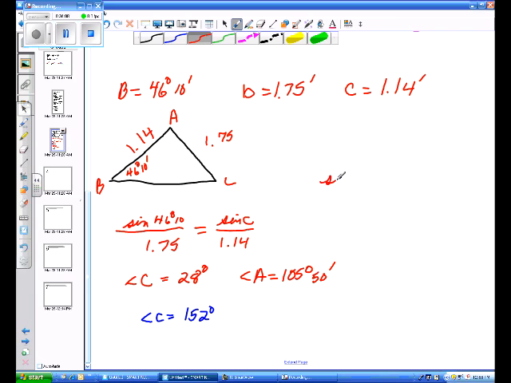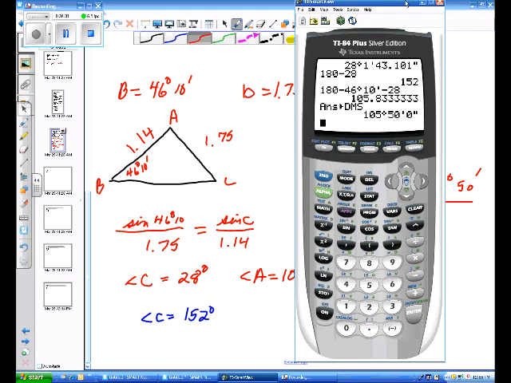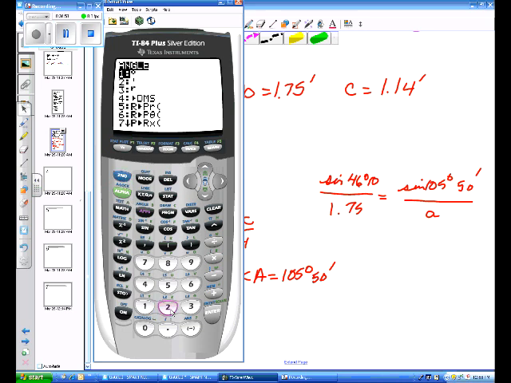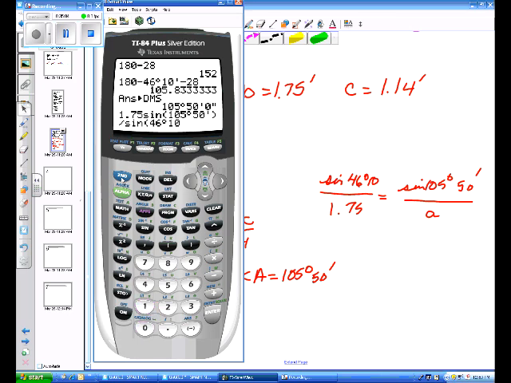So we'll set up our proportion. The sine of 46 degrees, 10 minutes, is to 1.75 as the sine of 105 degrees, 50 minutes, is to side A. So getting our product, 1.75 sine 105 degrees, 50 minutes, divided by sine 46 degrees, 10 minutes, gives us 2.33 feet.